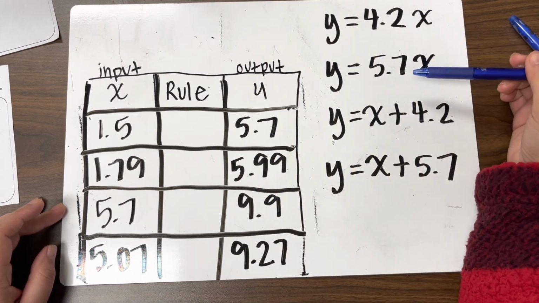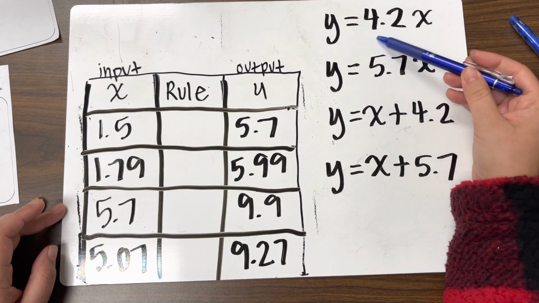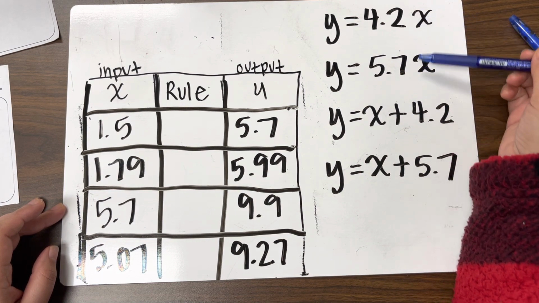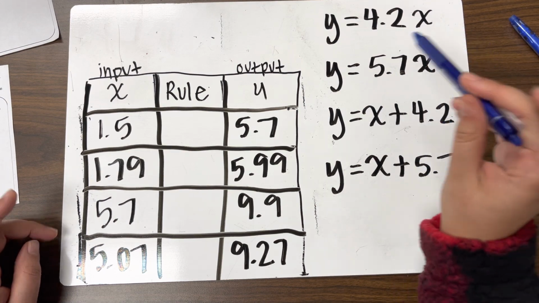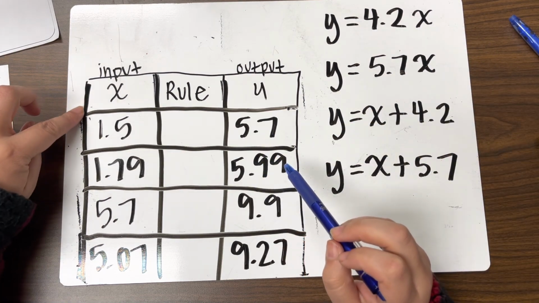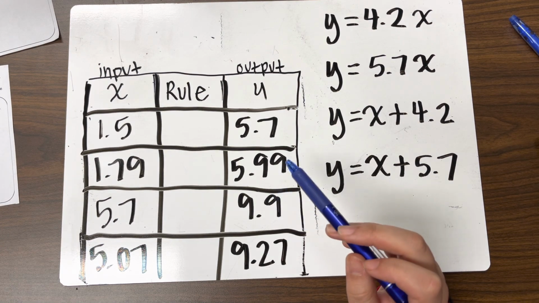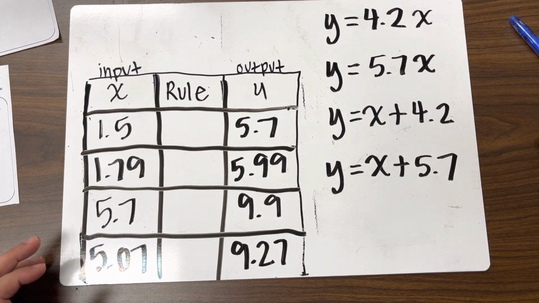So I know that I can increase my number by multiplying or by adding. So technically all four of these could be correct. So we are not able to eliminate anything yet. We will need to use process of elimination, okay?